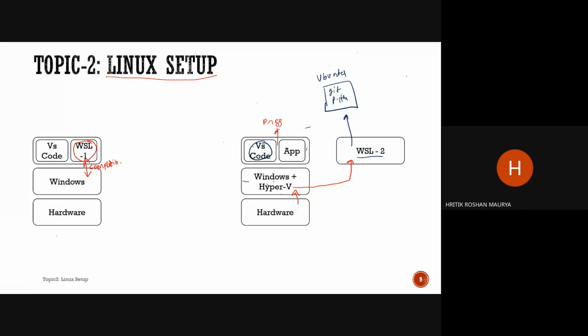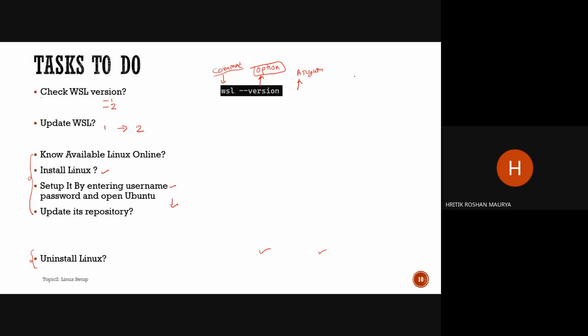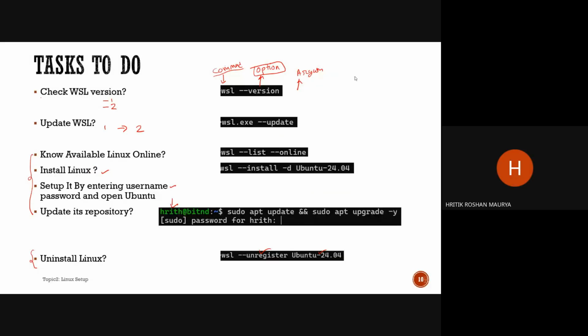Here also many software come pre-installed. Since we have done the first-time installation, we need to update all the software, and that update part we did here. So this is the installation command, and then this is the update command.